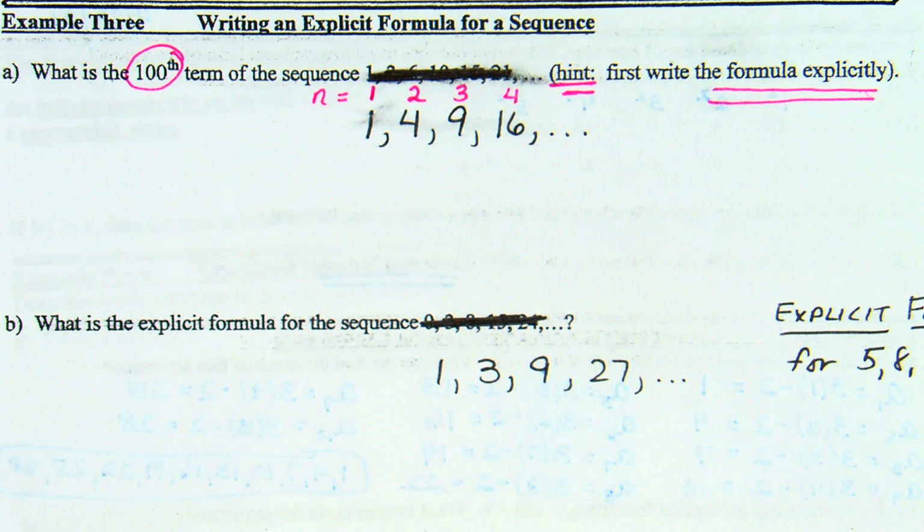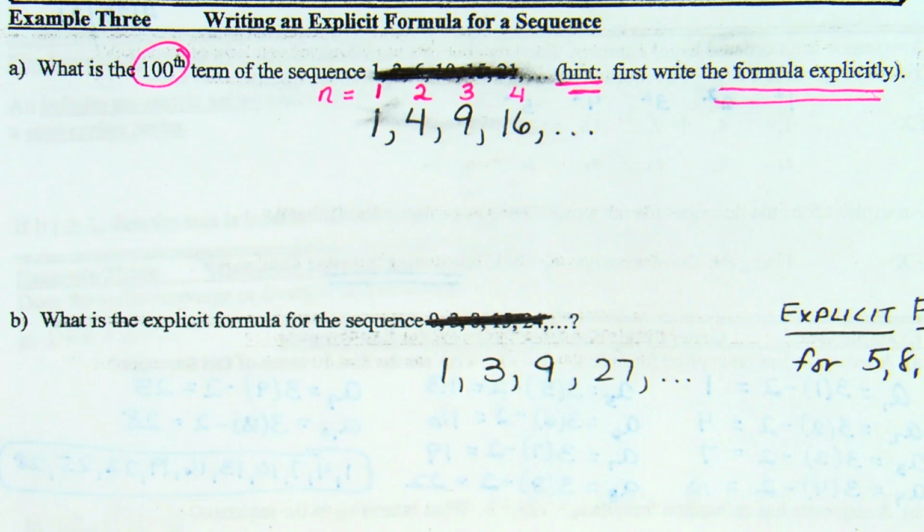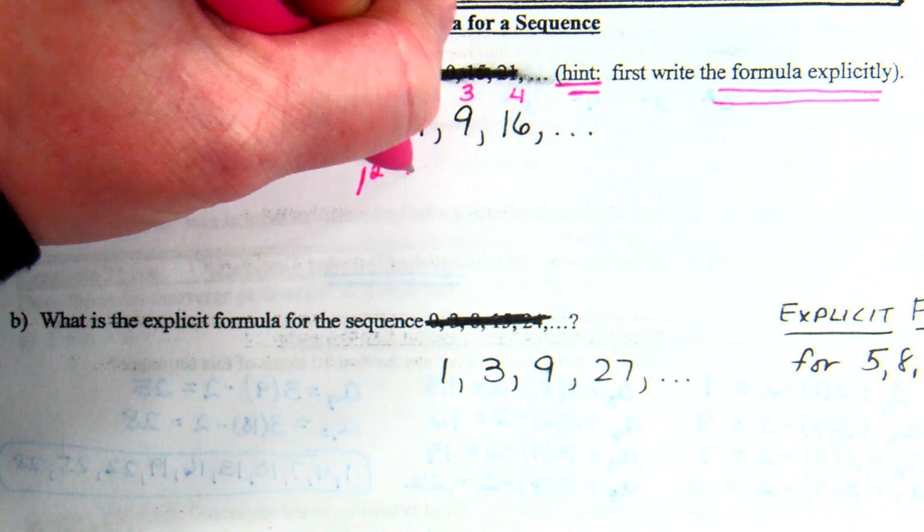Now, to me, this one might have a little bit more obvious connection than some of the ones we do. Are you seeing the connection? How does 1 connect with 1, in the same way that 2 connects with 4, that 3 connects with 9, and 4 connects with 16? Can we see the squares here?